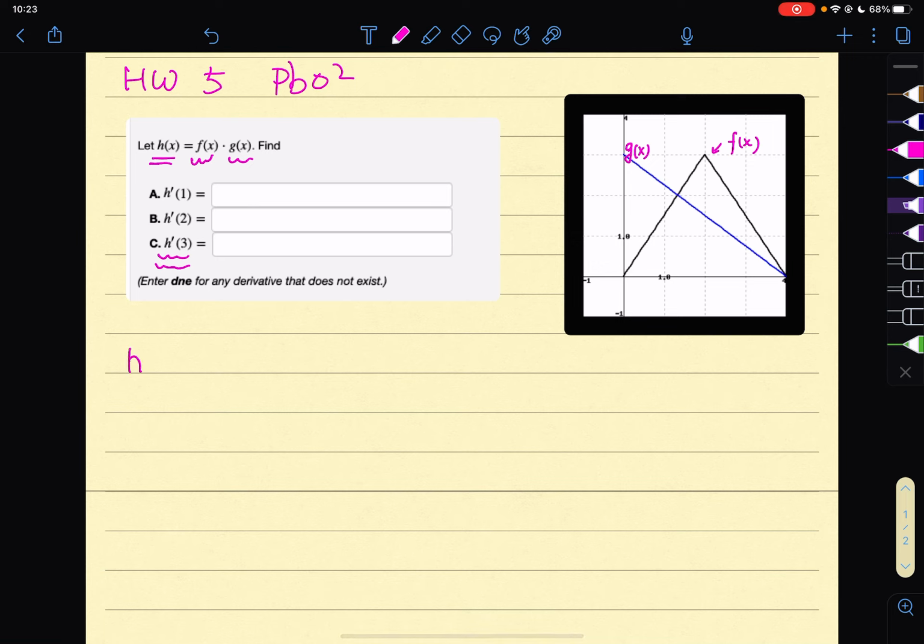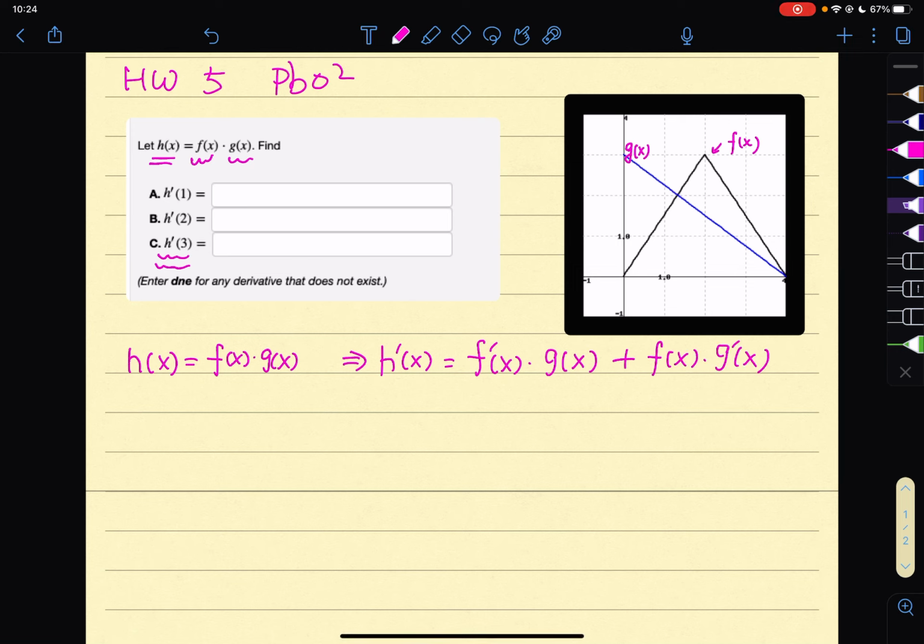Well, think about it. If you have h of x as f of x times g of x, it's quite obvious that if you were to look for the derivative, you are supposed to find it with the help of the product rule, because it's a multiplication between two functions. So here goes our product rule. Once I have my product rule, I'm not asking what's f prime of x, I'm asking what's f prime of 3 in particular.